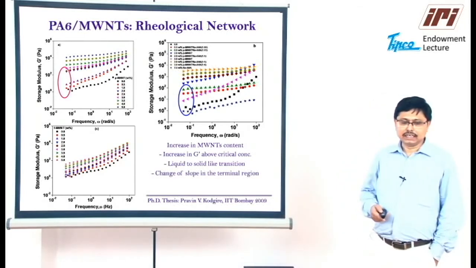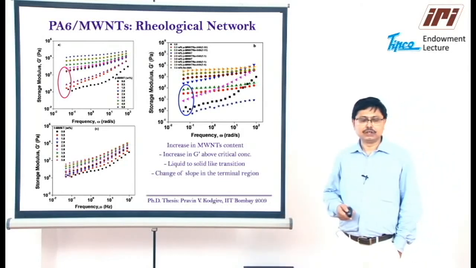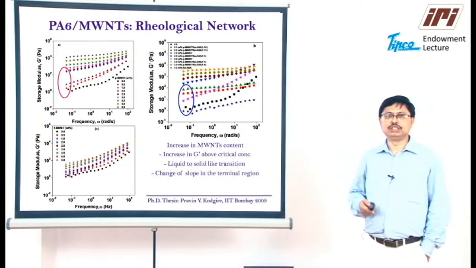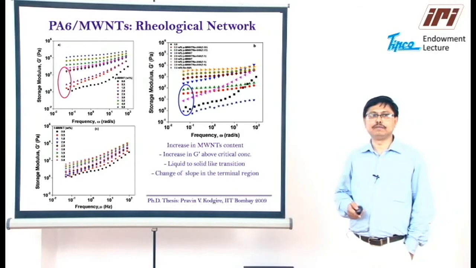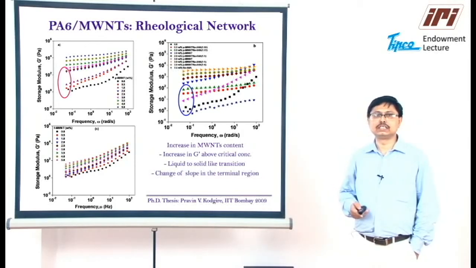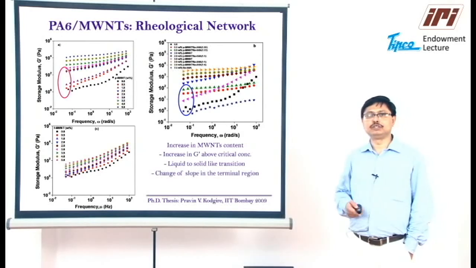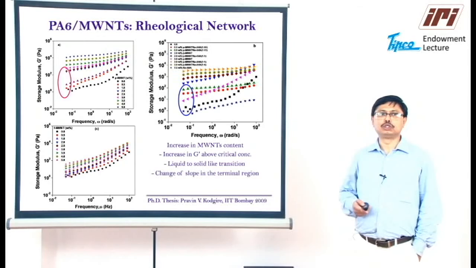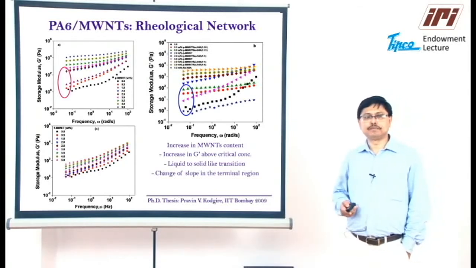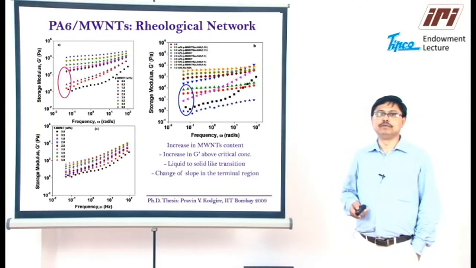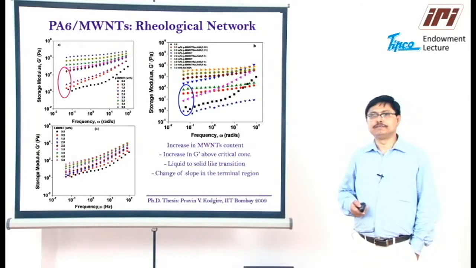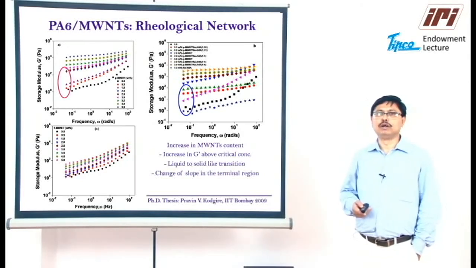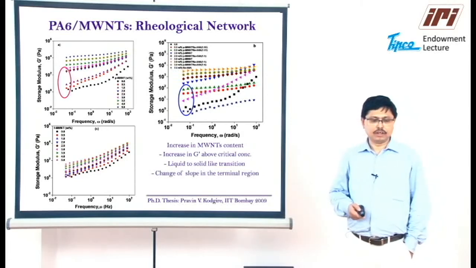The observation is similar in all these materials, which has also been observed in polycarbonate based multi-wall carbon nanotube composites, which means that a fluid-like to solid-like behavior transition is observed from the plateau of the storage modulus versus frequency plot, and at the same time in the complex viscosity versus frequency plot, there is an increase in the slope at low frequency.